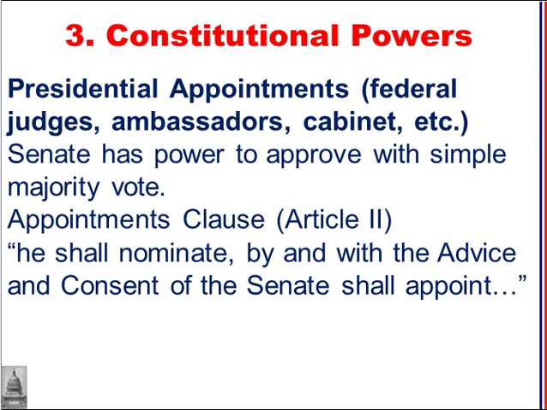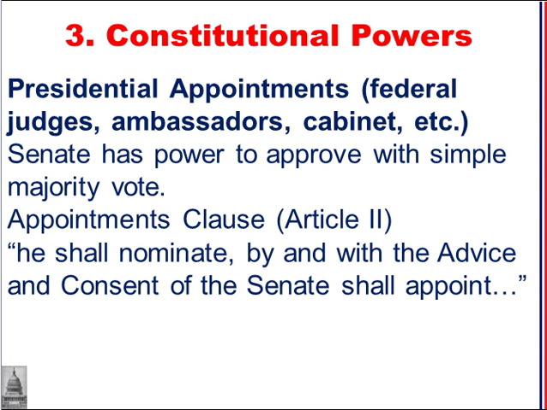The Senate has the job to approve presidential appointments, things like judges, ambassadors, cabinet and sub-cabinet positions, with a simple majority vote. And this comes from the Appointments Clause of Article 2.